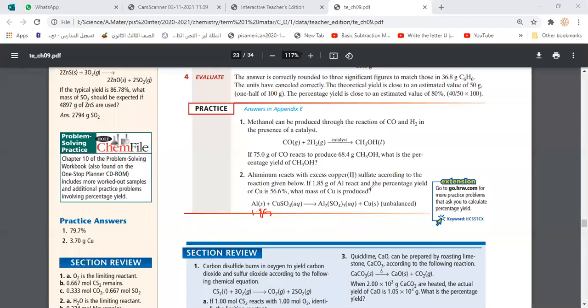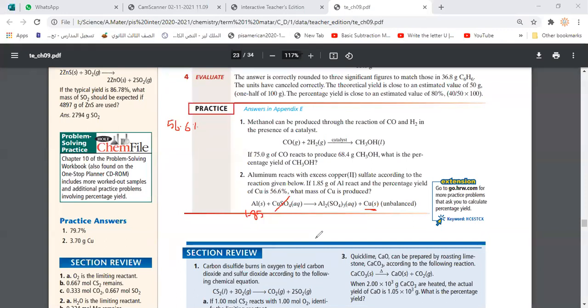And then he asks, if you have just 1.85 gram of aluminum, and the percentage yield is 56.6 percent, what is the mass of copper produced? How much copper is produced? Since he already gave the percentage yield, I am supposed to find the actual yield.